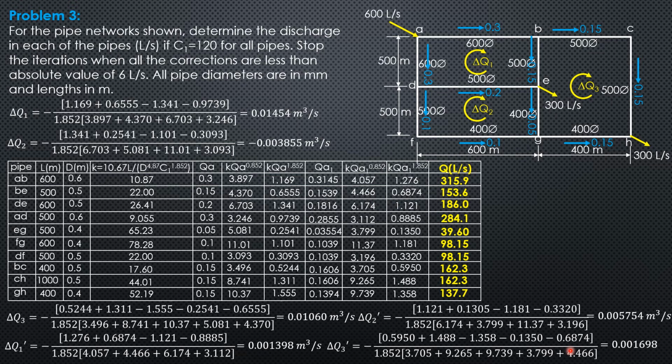So this is equal to 0.001698, which is 1.698 liters per second. So all corrections are below 6 liters per second. So that means we can now finalize the discharge.